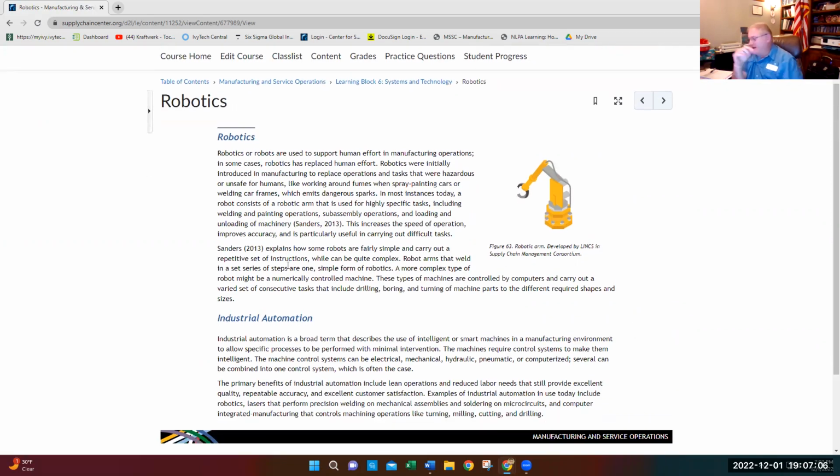And here we're touching base on robotics. And again, it's big in automotive. And it's taking that repetitious motion out of the workplace. And for the most part, there's either a welder arm or there is a tightening arm. You know, there's some type of a socket or a wrench or something at the end of that.